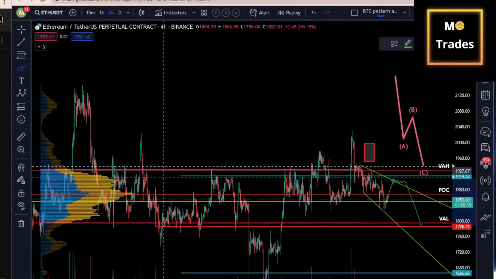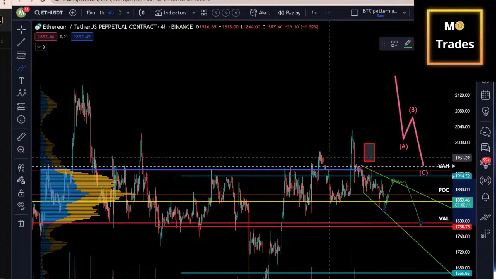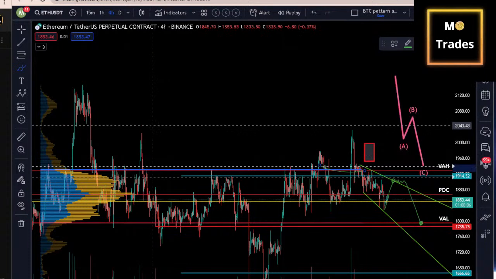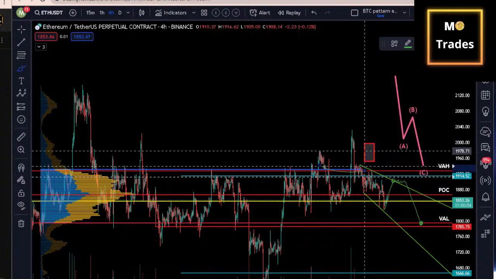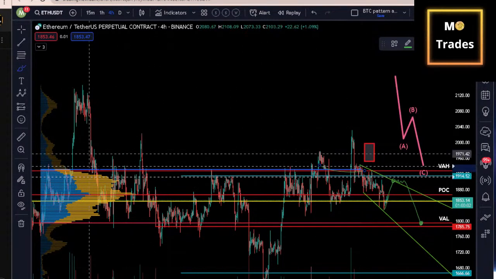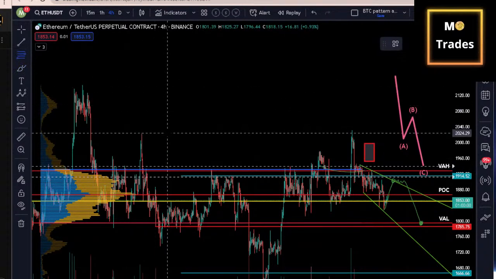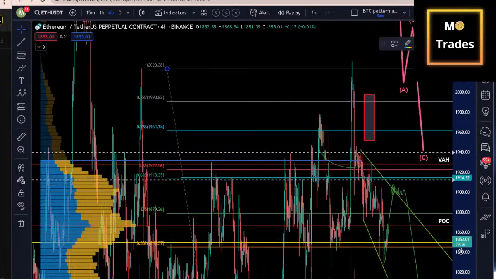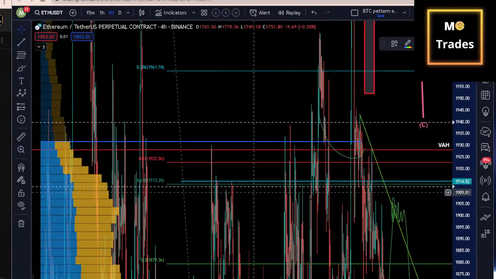When you look at patterns in the chart, you could see over here we formed a pattern similar to this one. We had this over here, we came up, broke down, as we did now, we came down. Then we had some run up over there, and actually we tapped the 0.618.